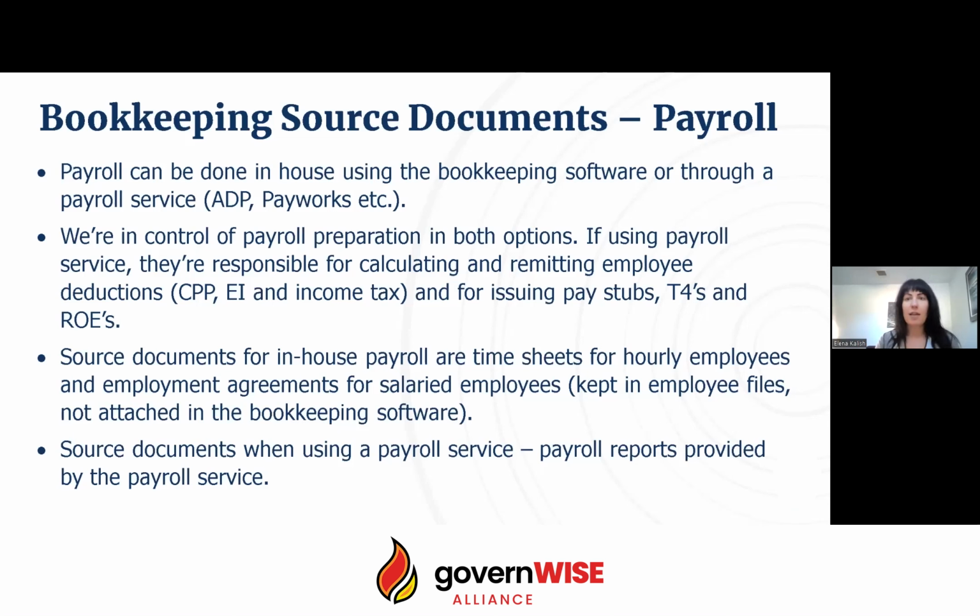In an in-house payroll, because we're doing it in our software, no separate recording is required. This is where our organization's operations and bookkeeping are combined. To do payroll, we have to use our software, so it gets automatically recorded. If we do payroll through a third party, then we have to record it in our system based on the reports they provide. That's the difference.